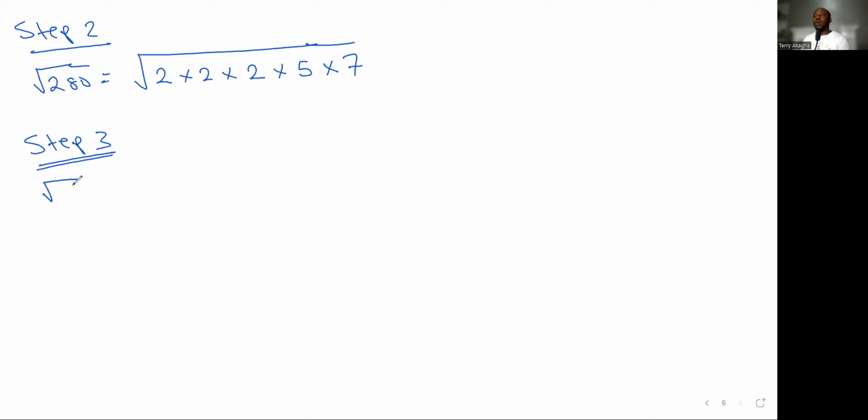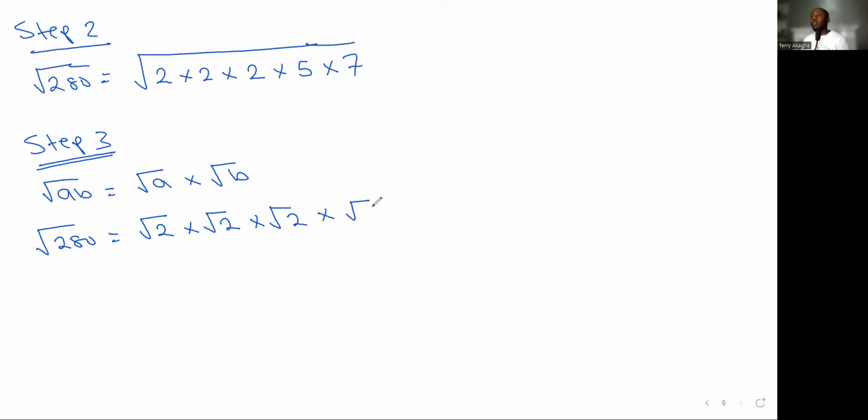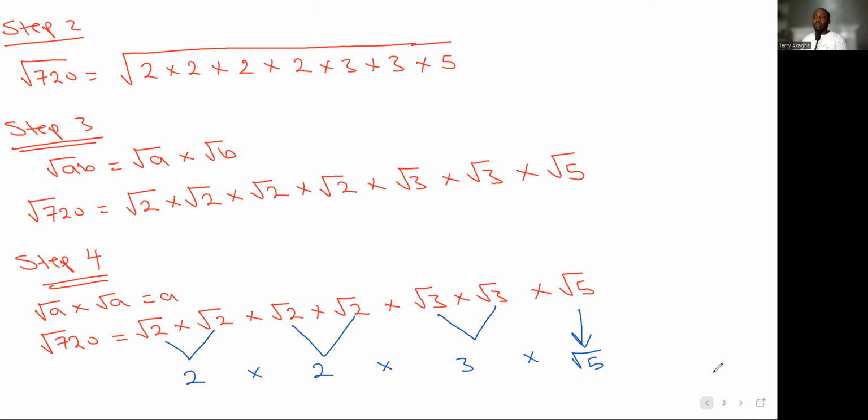So because we know that square root of AB is equal to square root of A multiplied by square root of B. So square root of 280 is going to give us square root of 2 times square root of 2 times square root of 2 times square root of 5 times square root of 7. Okay? So square root of 2 times 2 times 2, 5, and 7. Now, when you're done with that, the next thing that you can do is to go to step 4.